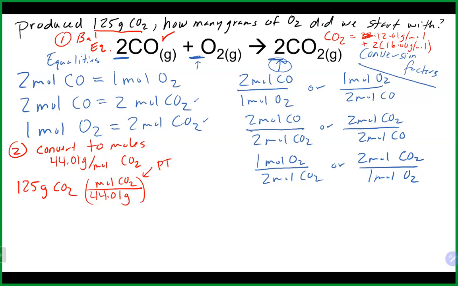I got something like 2.84026. I'm going to take it to a few digits because I'm not done with the problem. So I still have a little bit more to go, and I'm not going to do a lot of rounding at this point. But these are moles of CO2. So that is definitely the second step that you should always do. Take whatever they gave you, convert it to moles.